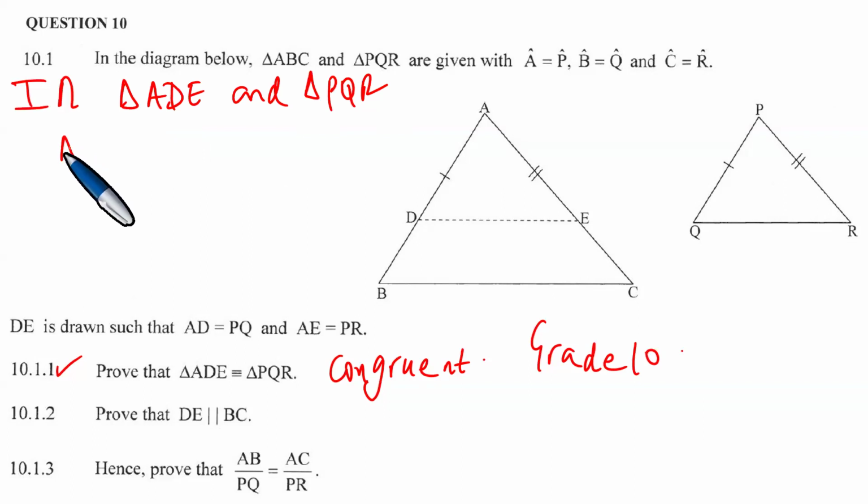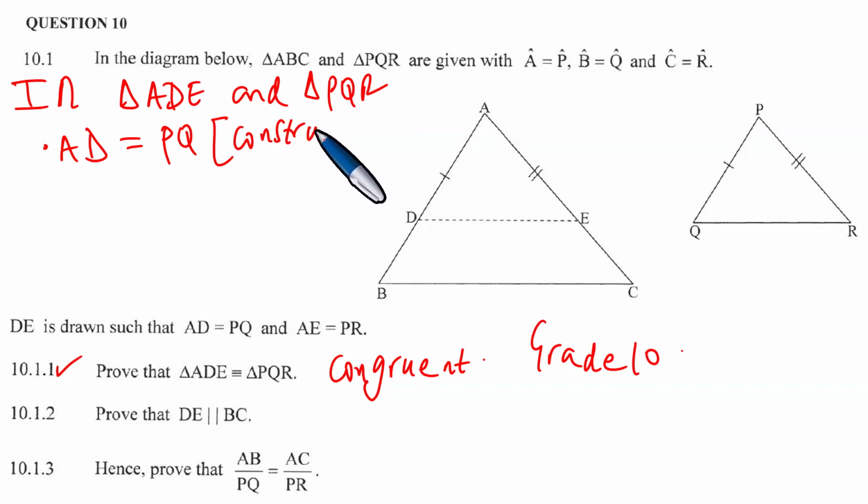Then you'd have that AD is equal to PQ, which is construction. Right, so we continue to answer these questions, and Tando is on point.